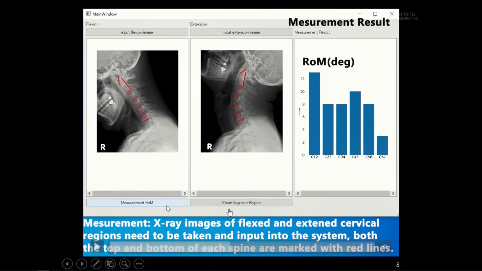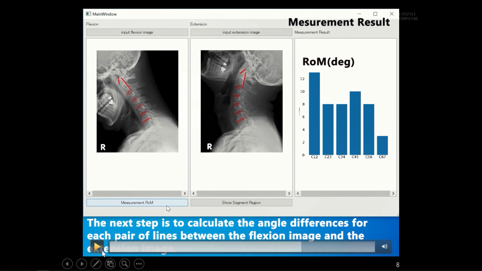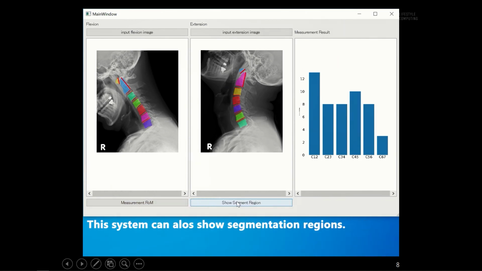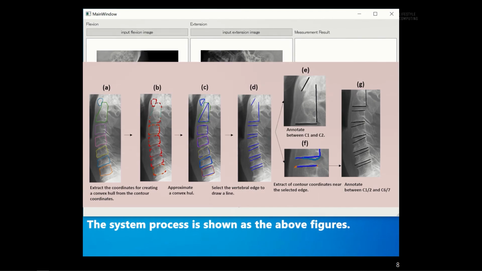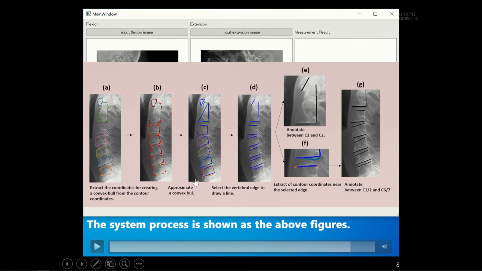This system can also show segmentation regions. The system proposed is shown in the above figures, but I will explain these processes more specifically afterward.